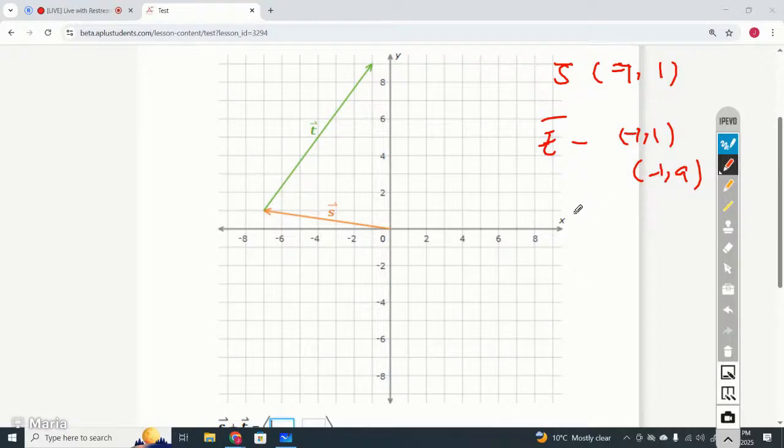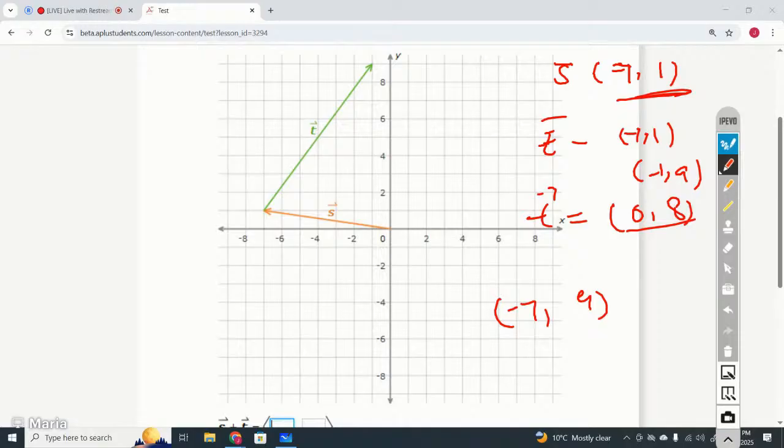Now find the x coordinate and y coordinate of the vector t. 0 and 8 it is, right? Now use these points and calculate. Add x component to x component and y component to y component.